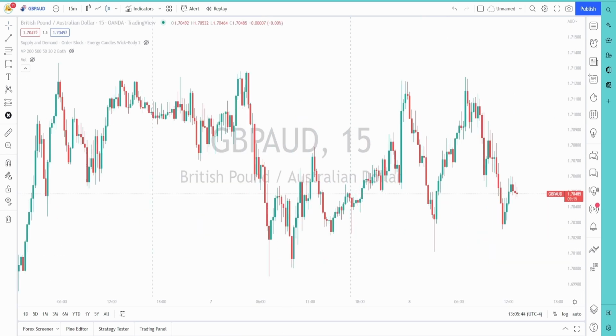Okay, here, so we're on GBP AUD. And we're going to look at the same thing. Now, you can see price broke down.